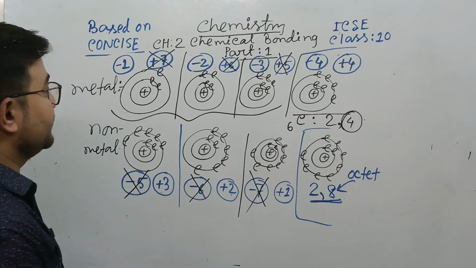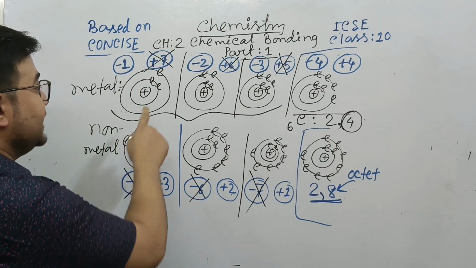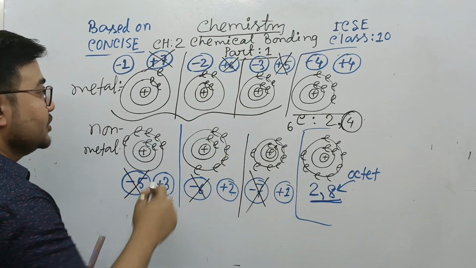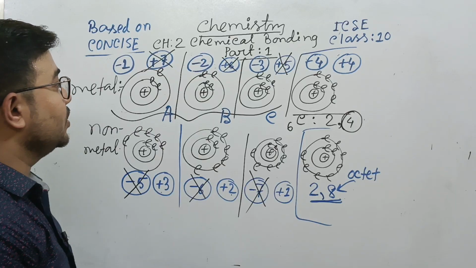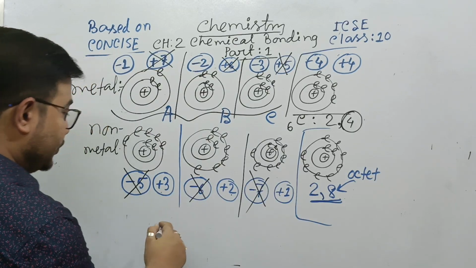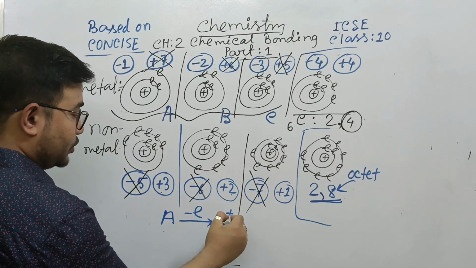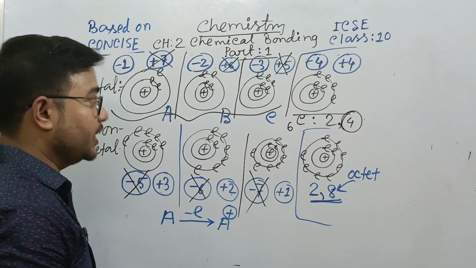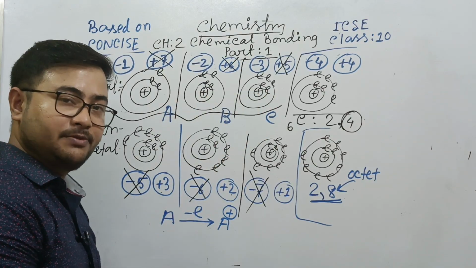So now suppose this atom is A, this is B, this is C. Now tell me, in case of A, B, C, do they donate or accept? They donate. All of you know, suppose it is A, after donation it will form a positive charge. So A, B, C all form positive charges.